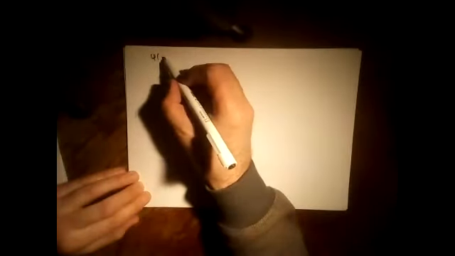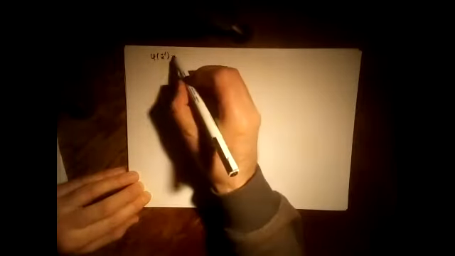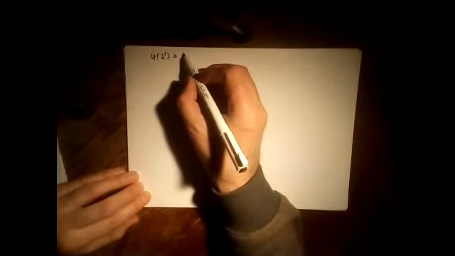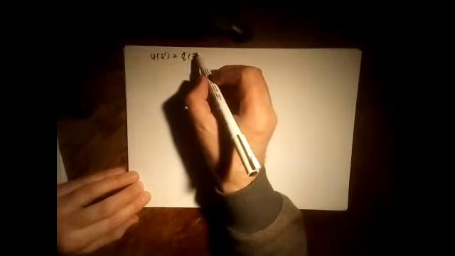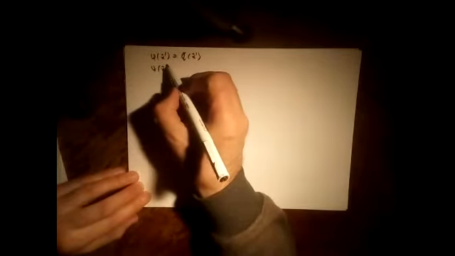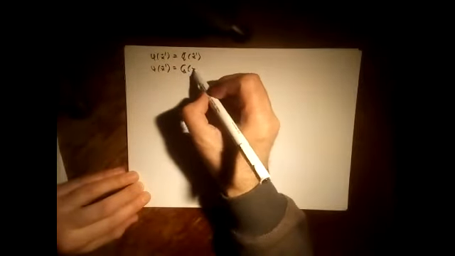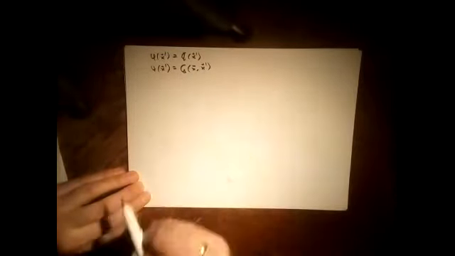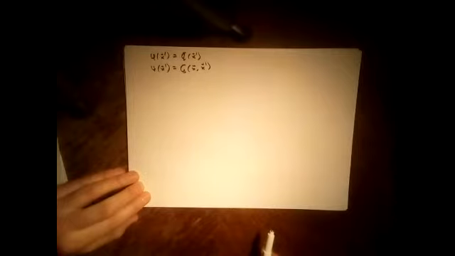I'm going to take the function phi of x prime and equate it with the electrostatic potential. Then I'm also going to take the function psi of x prime and equate that with the Green's function in this way.